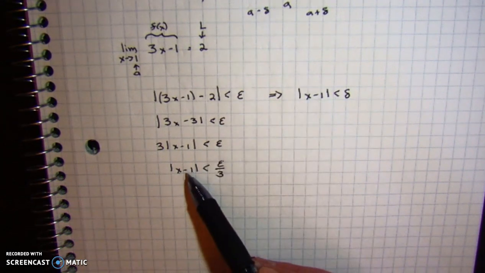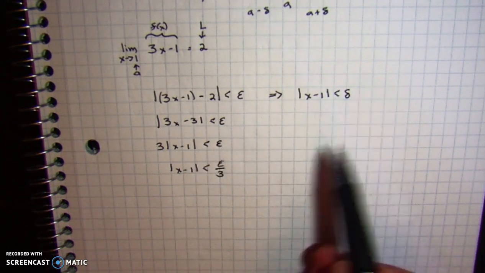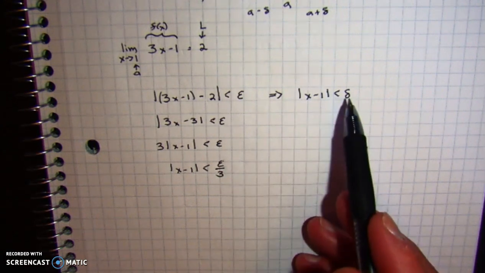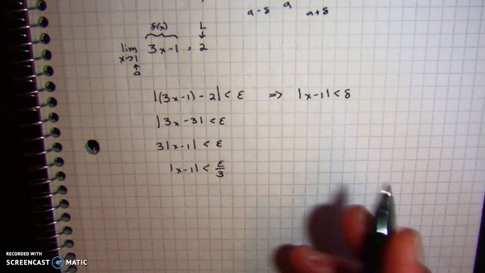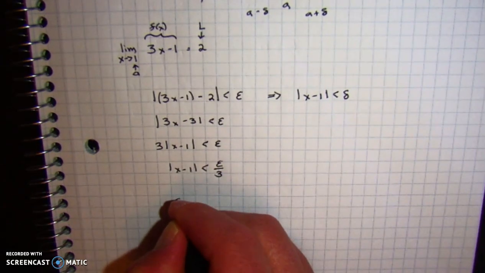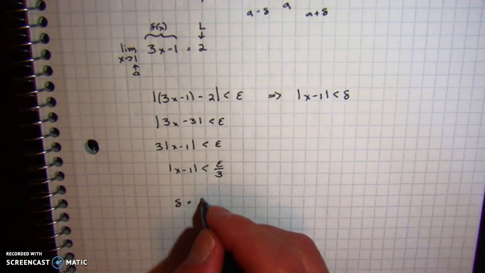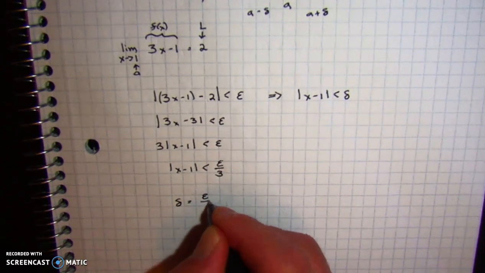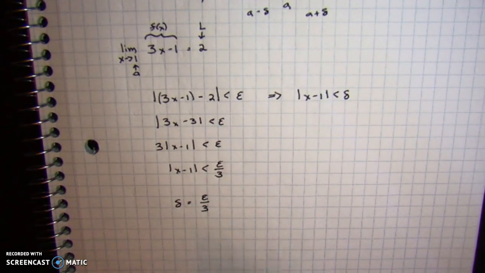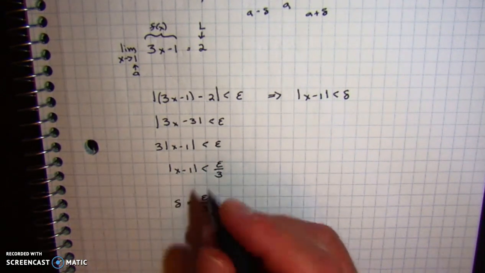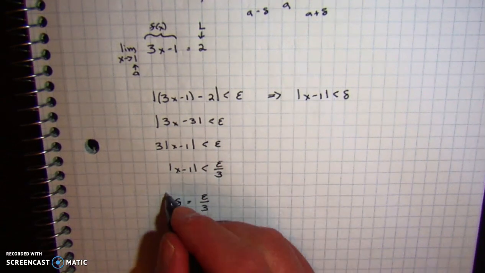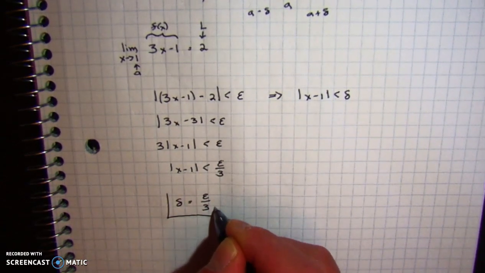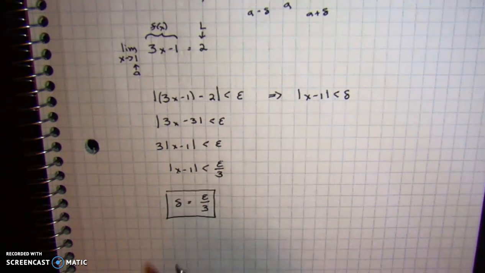So if those are equal, then from here we can conclude that, because we want delta as a function of epsilon, our delta has to equal epsilon over 3. Or really, it has to be less than that, probably a better way to put it. But for the idea, we'll set it like that.